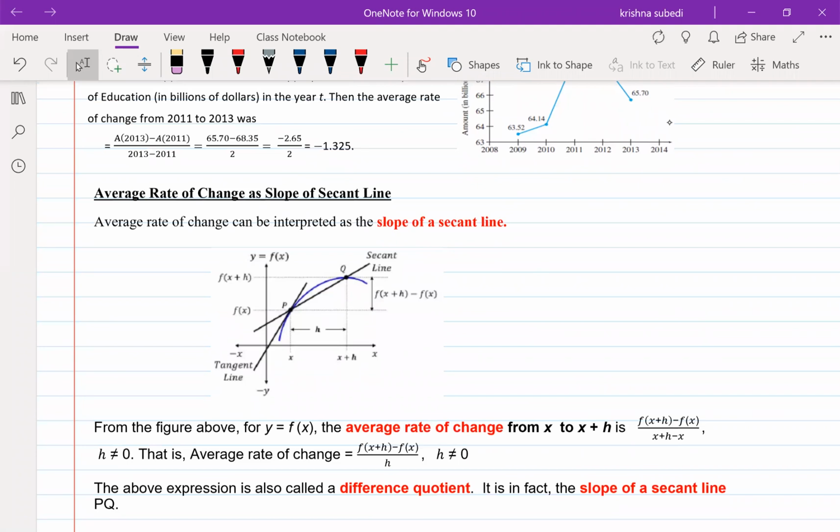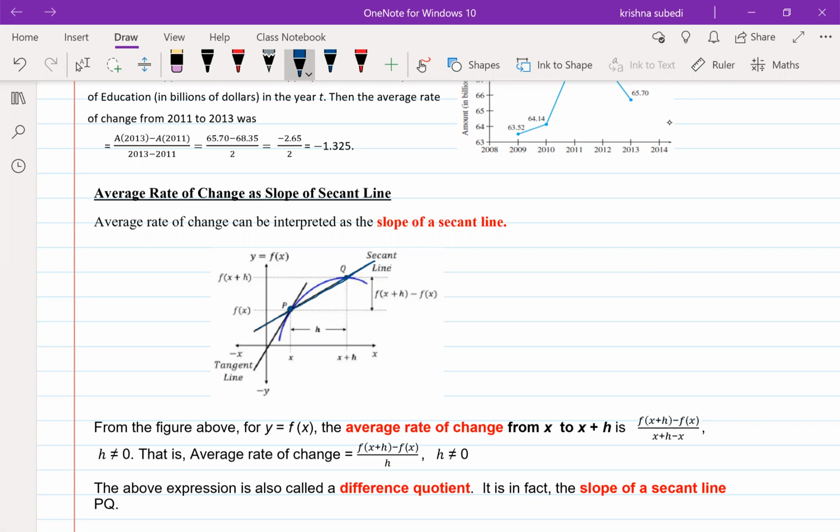Now, average rate of change as slope of secant line. Okay. So average rate of change, as I mentioned earlier, can be interpreted as the slope of the secant line. So for example, we have a function, the blue line, as you can see, and there is one point P and another Q. If I draw that line PQ, then that line is called a secant line because it touches the curve at 2 points.